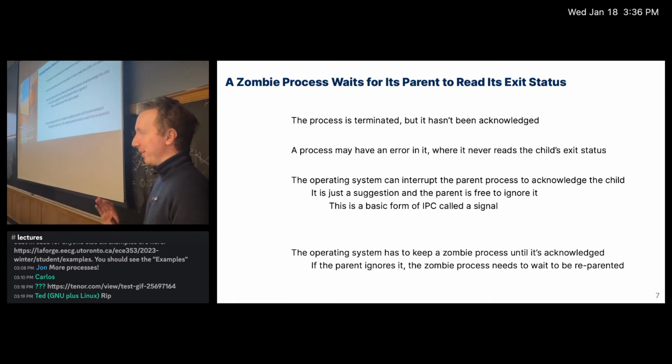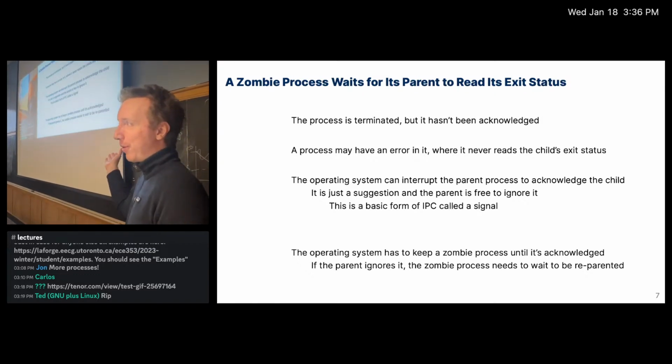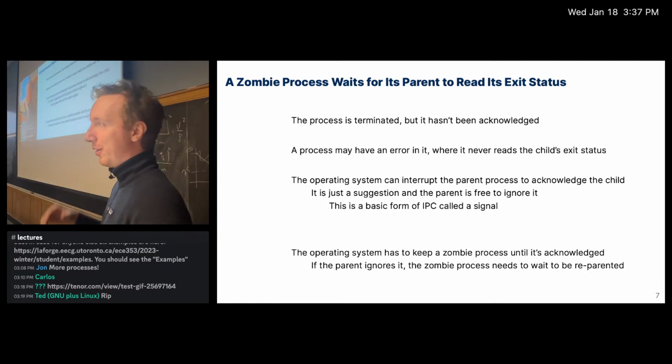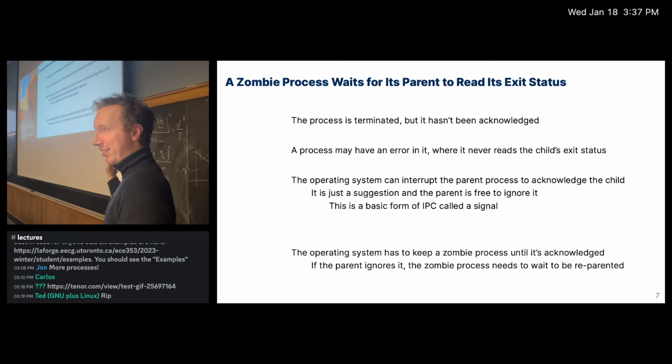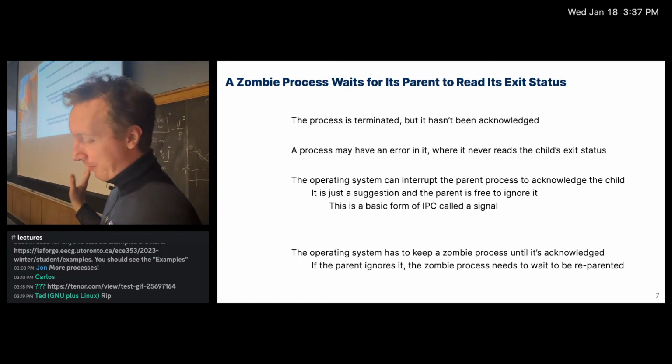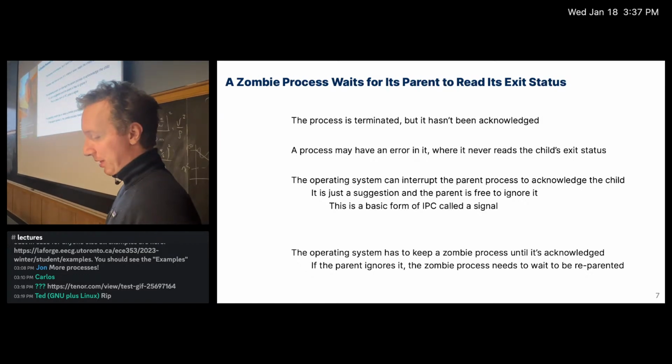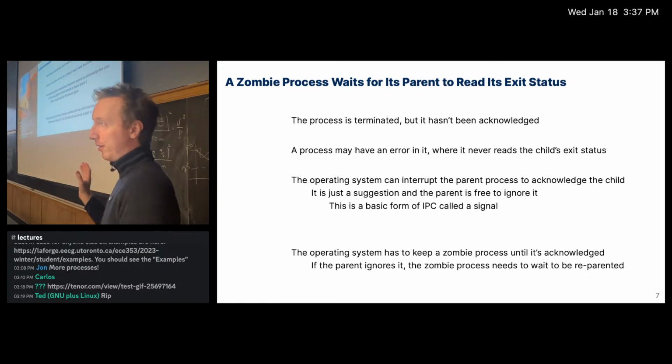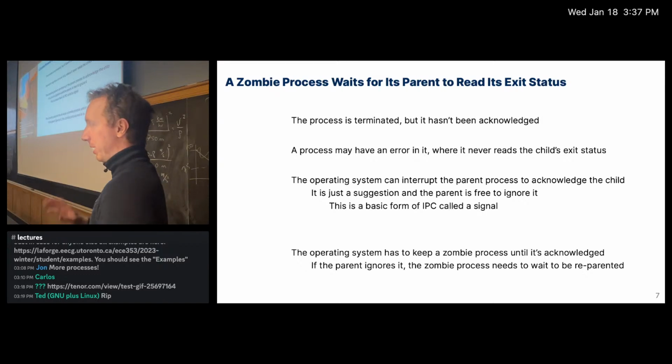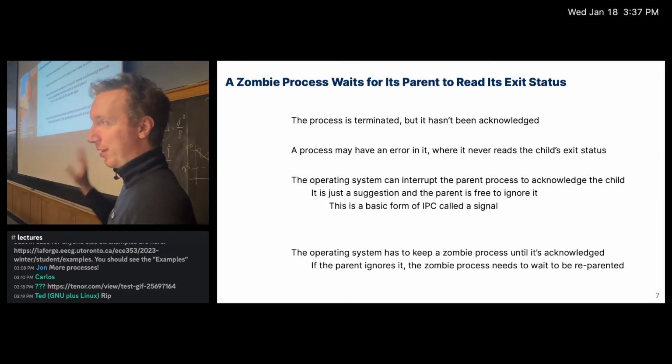But of course, because it's your program and you can do whatever you want, you're free to be like, yeah, sure, whatever, and carry on. That's just a slight nudge where you don't have to handle it at all. That form of interrupts for processes is called signals. And by default, there are some default handlers. The default handler for your child dying is to ignore it.